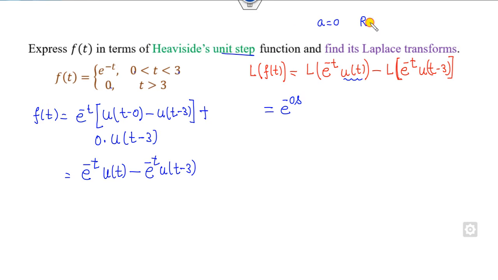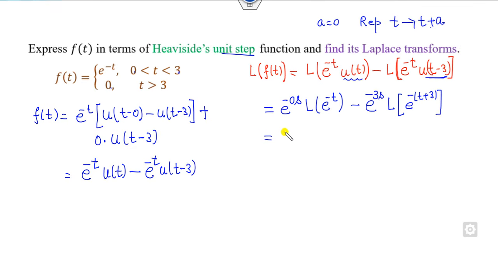I can replace small t with t plus a. So in this case a is 0, so that remains the same. Now in this case, what is the a? a is 3. So e raised to power minus 3s Laplace of t plus 3. So I can replace them with t plus 3.